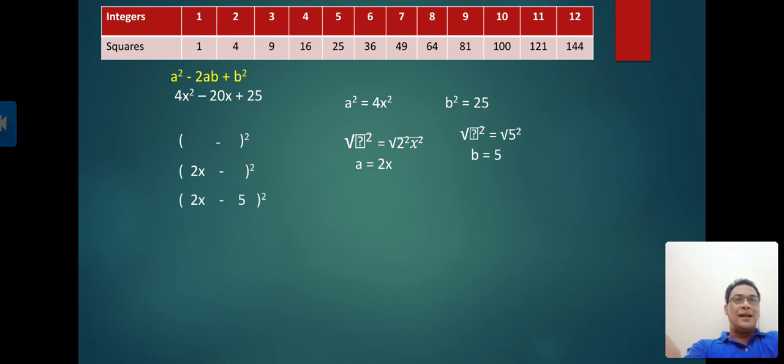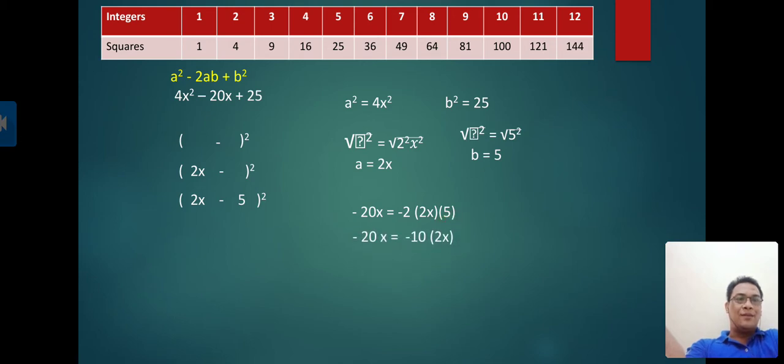Again, let us check whether this trinomial is a perfect square trinomial. How? Let us get the middle term by substituting the values of a and b. So negative 20x is equal to negative 2 multiplied by 2x multiplied by 5.